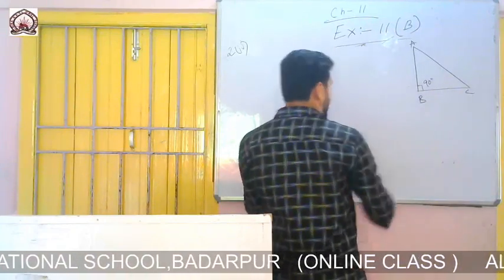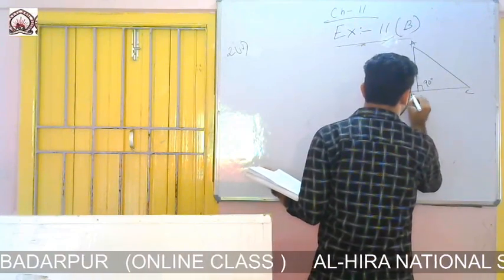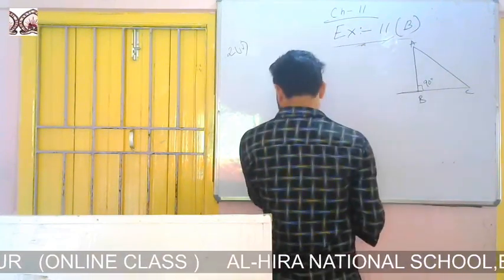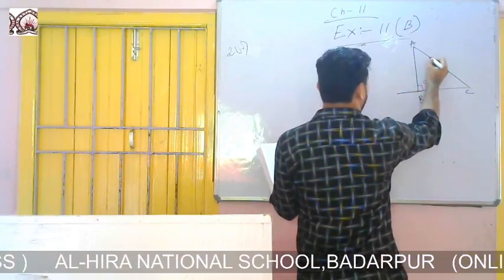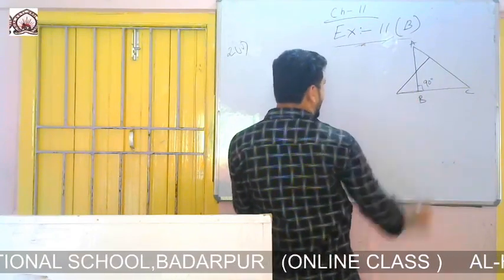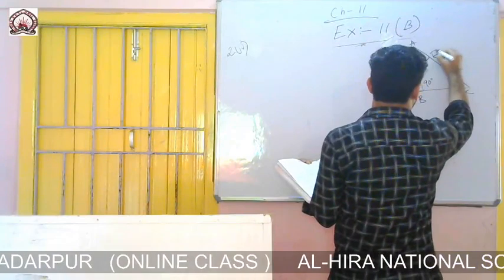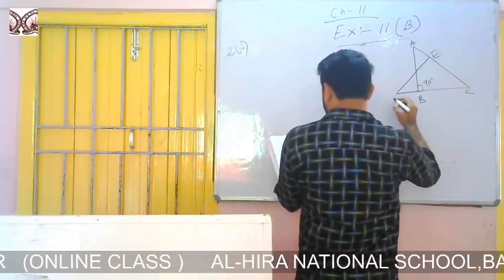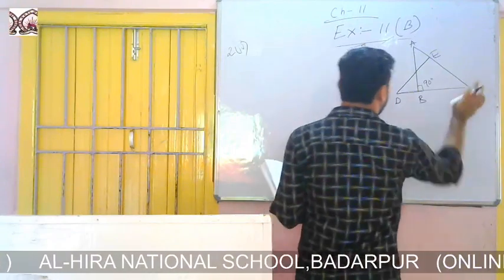Okay, so from there one extra angle is drawn like that. There is one another triangle, we can say, EDC.